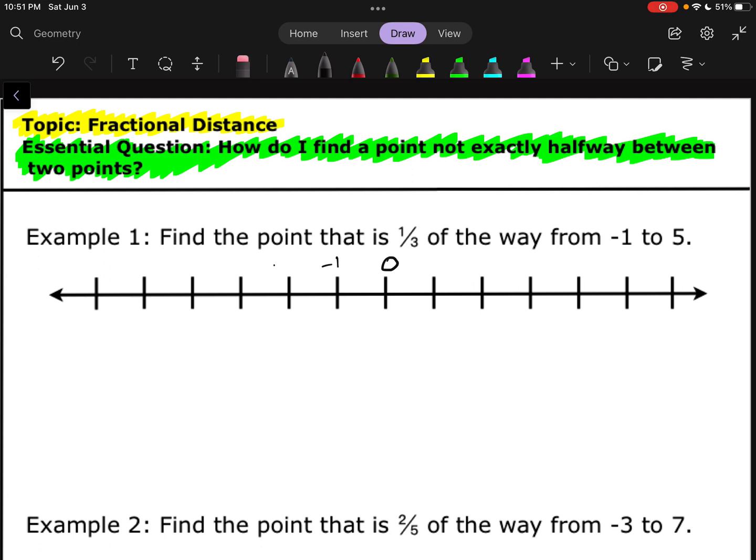So -1, -2, and going this way, we got 1, 2, 3, 4, 5, 6. Okay, so we're trying to go from -1 to 5. So we're trying to travel this way.